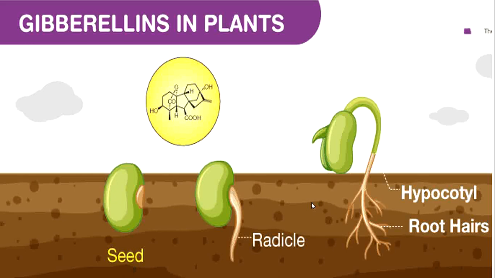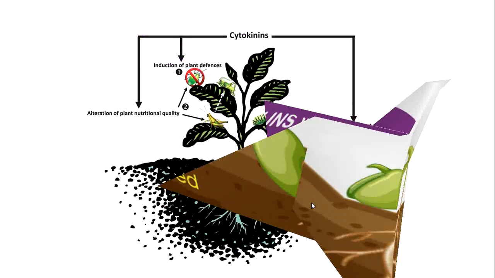These hormones increase the rate of cell division and cell elongation, and due to this, the result is increased growth of stems and leaves. Gibberellin can also be applied to the outside of plants. As we can see here, applying this hormone to plants can have a dramatic effect, for example on root tips.